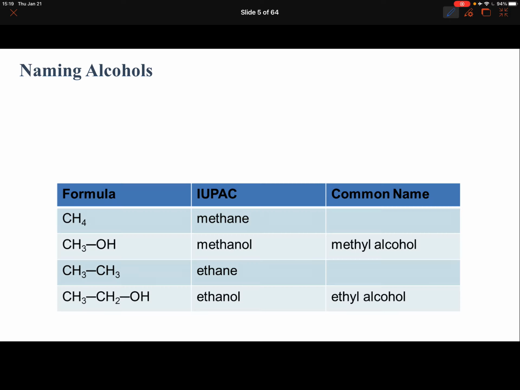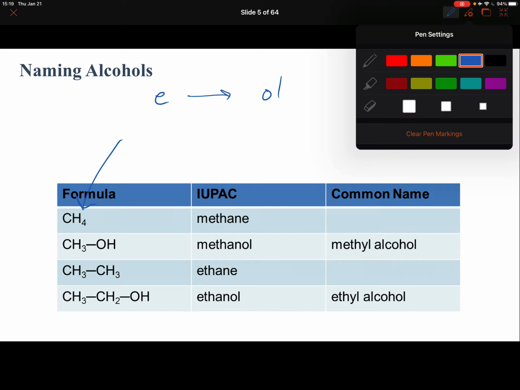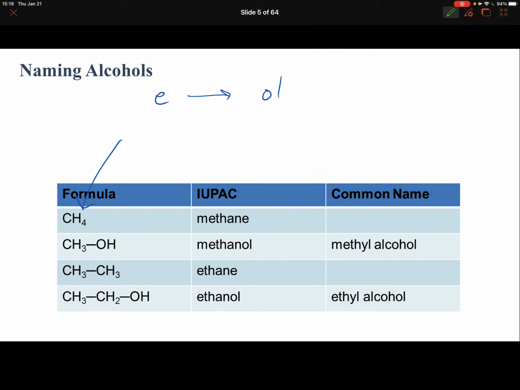So let's jump in. With the IUPAC system, we replace the E in the name of our alkane with an OL. So for CH4, which would normally be methane, we drop the E and add an OL: methanol.